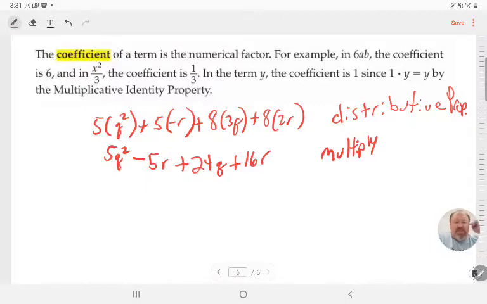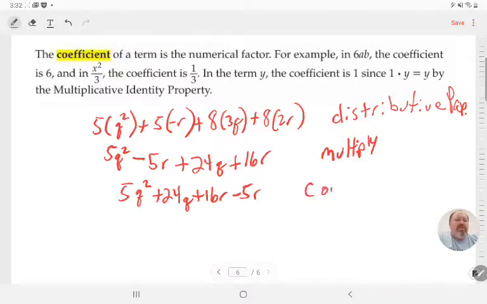So then I could use the commutative property. And by using the commutative property, I can move a couple of things around. Remember, I can only move either addition or multiplication around. So I could move the 24q and 16r around. So I would go 5q squared plus 24q plus 16r minus 5r.